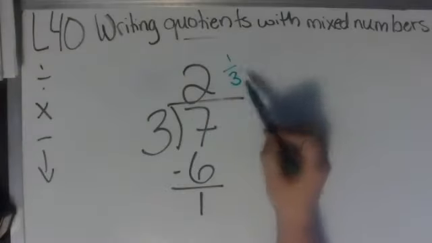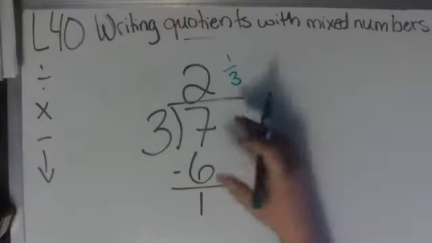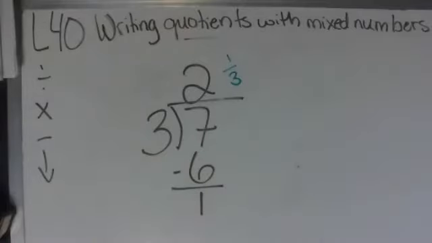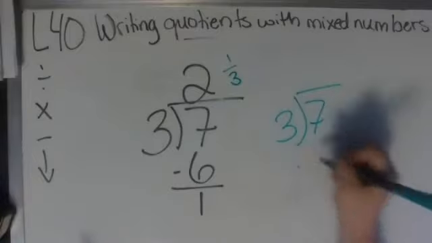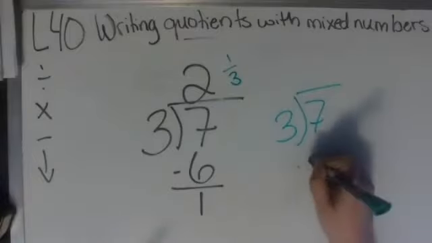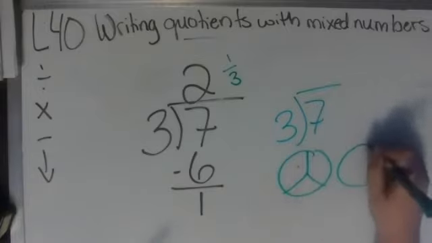The reason the divisor becomes the denominator is because this is how many pieces the wholes have been cut into. For example, if I were to solve 7 divided by 3 using fractions, I would say, okay, I have a piece, another piece.